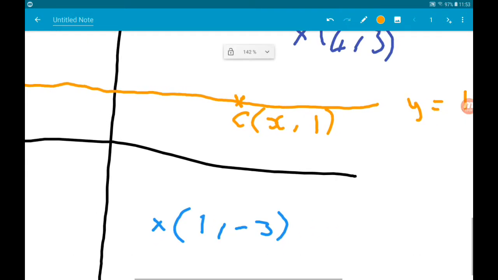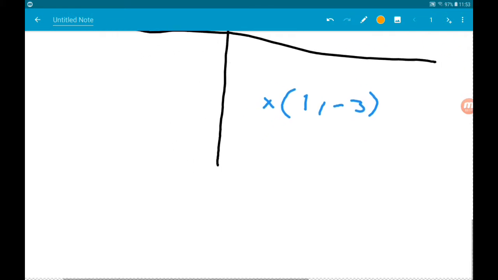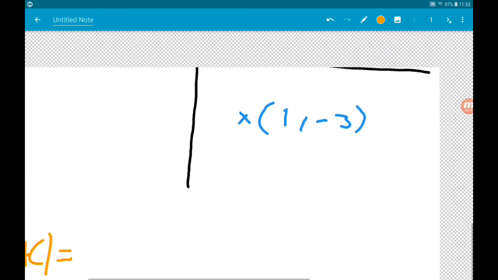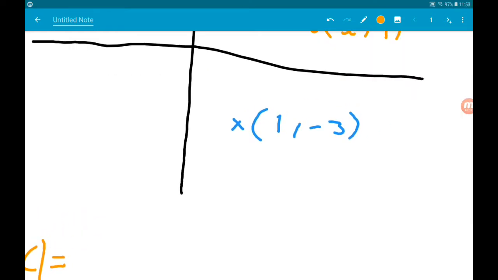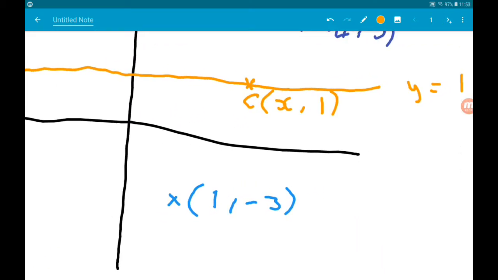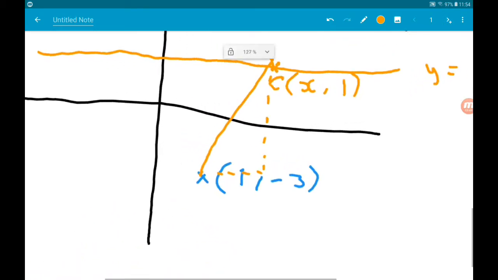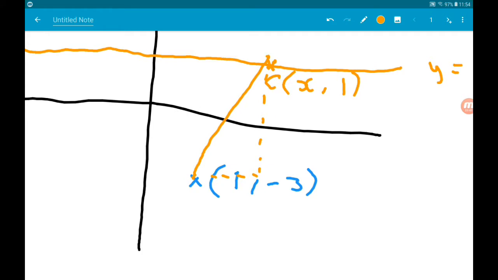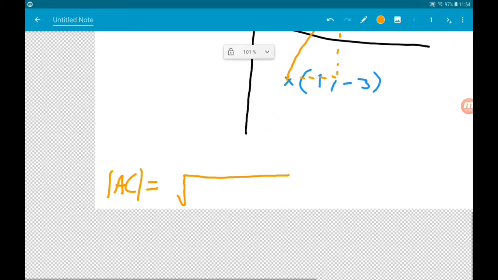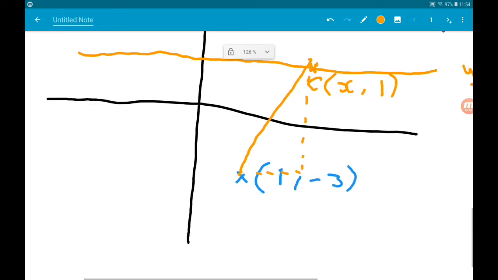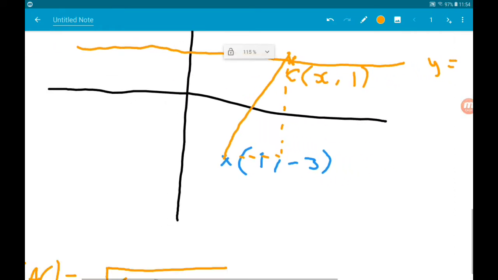So what we can do is find the length of AC. We can now think of this as Pythagoras. So we know it's going to be the square root of (x minus 1) squared add (1 minus 3) squared, so 4 squared.